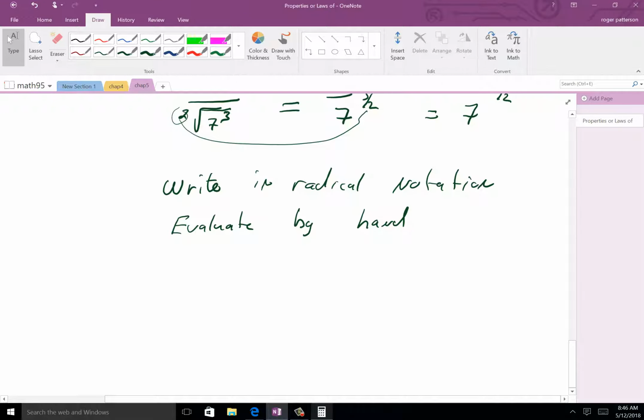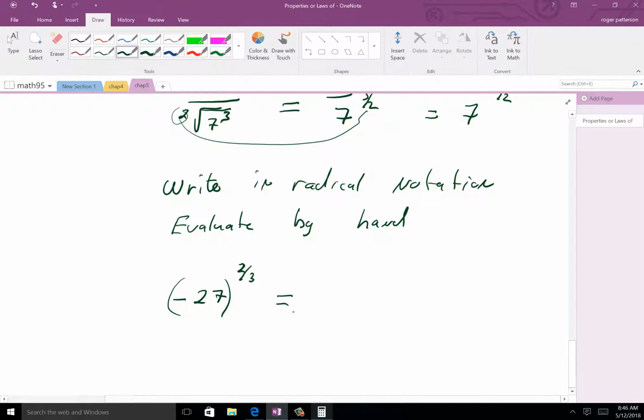Okay, so let's try some of these out. Okay, so we have negative 27 to the 2/3 power.